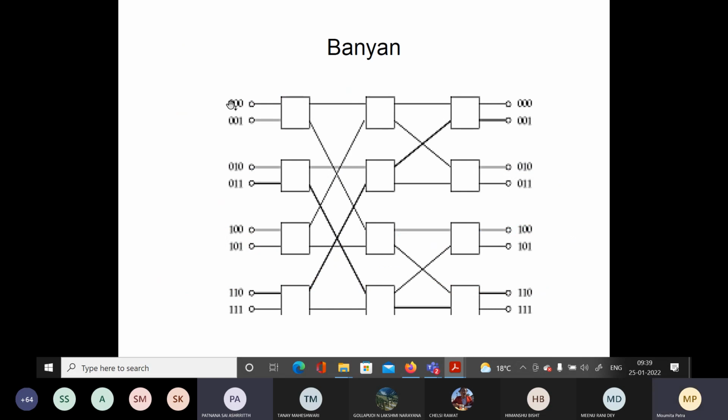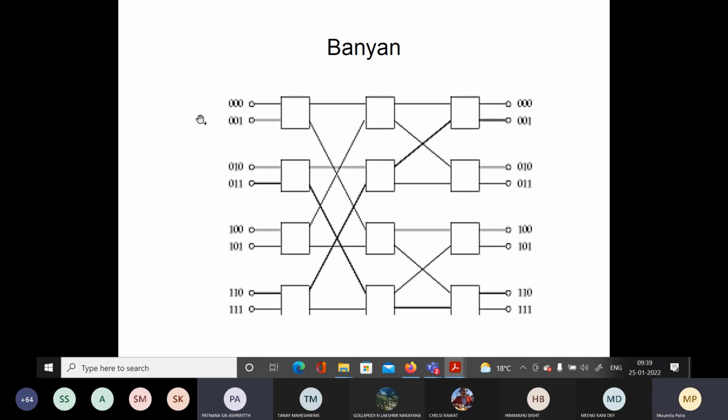Okay, so look at this picture of a Banyan switch. You have 2 cross 2 switches here. Okay, so you have 2 cross 2 arrays in 3 different stages, and they are connected with each other in this way.